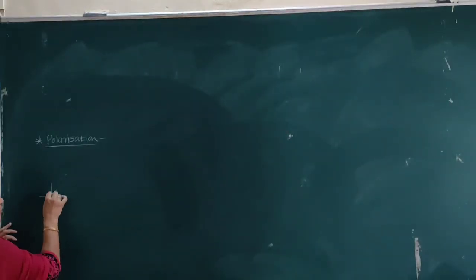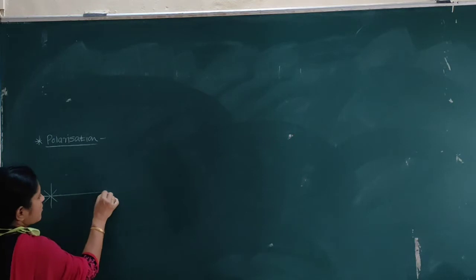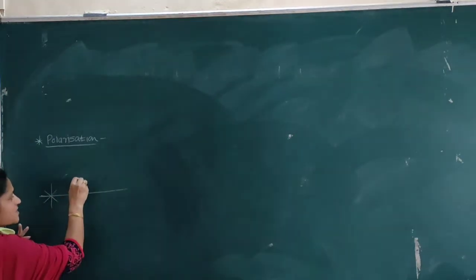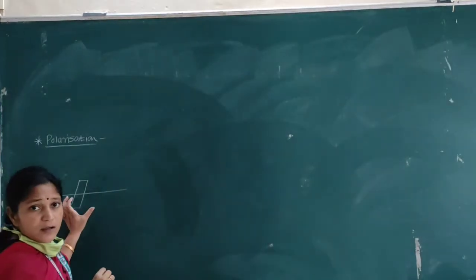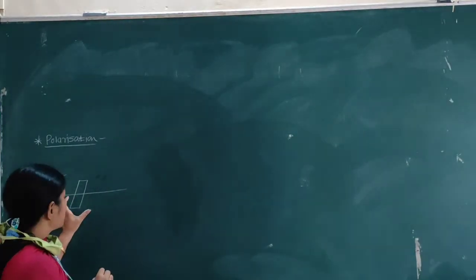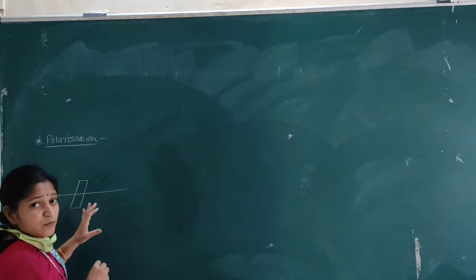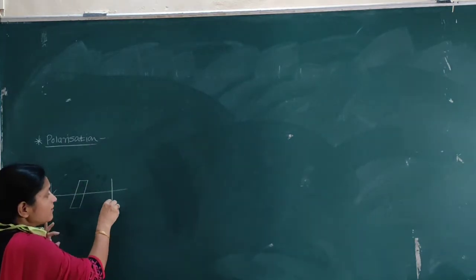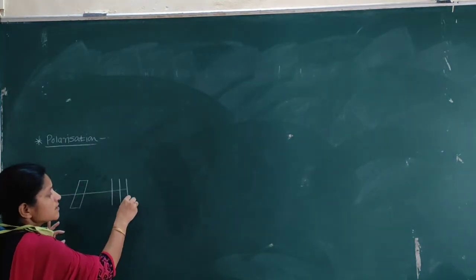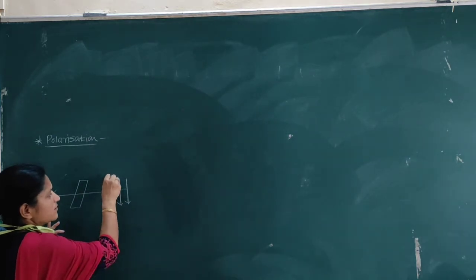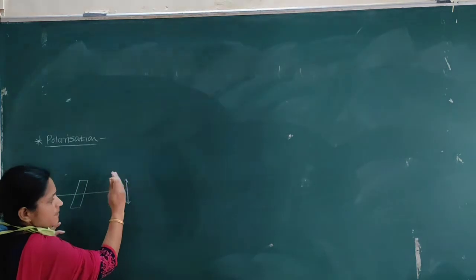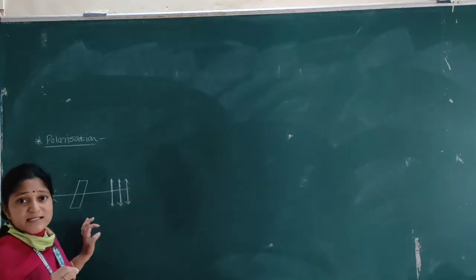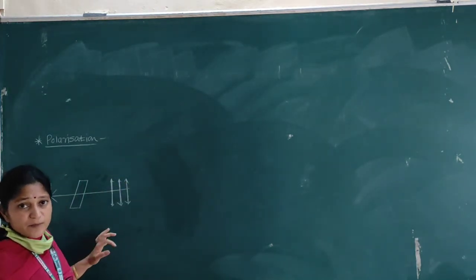For example, if this is the unpolarized light passing through the element, after passing through this element the light will be restricted only in one direction, like this. That is nothing but the polarization of light.